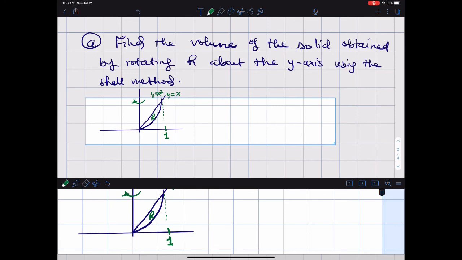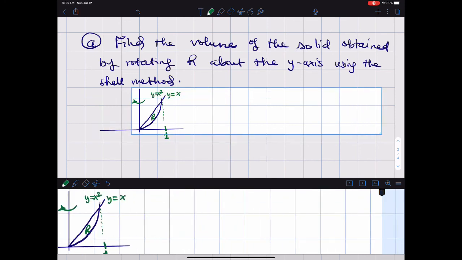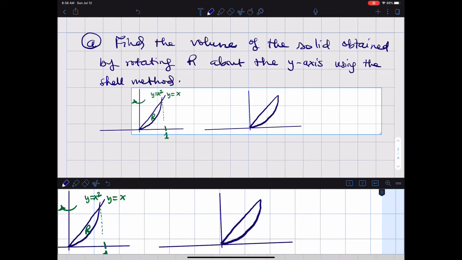So you're revolving about the y-axis. That's what you're revolving. So after revolving, what do you end up with? You end up with that. It's a little bigger, but it's fine.